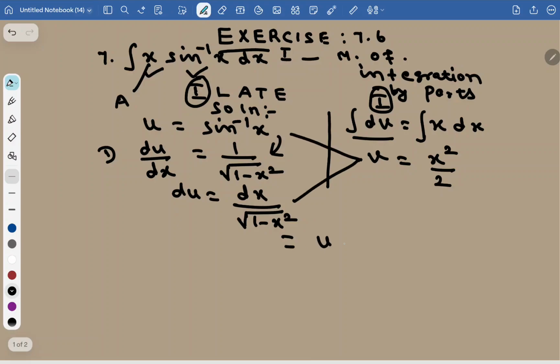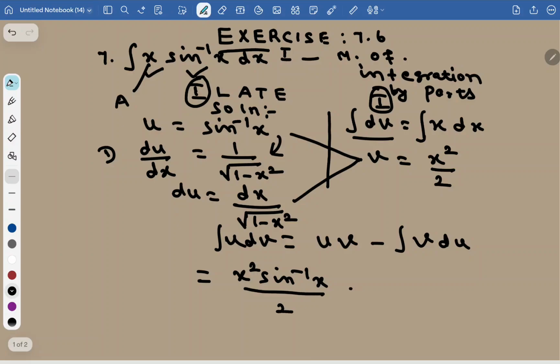This is the formula for integration by parts for finding integral u dv, which is equal to uv minus integral v du. So it is x square sine inverse of x by 2 minus integral v du, x square by 2.